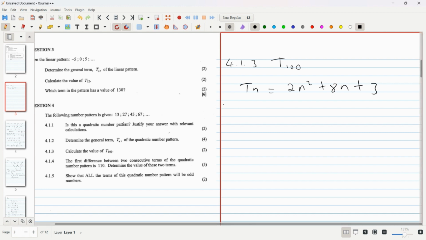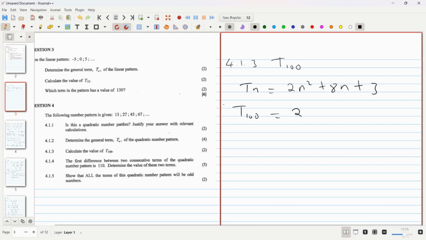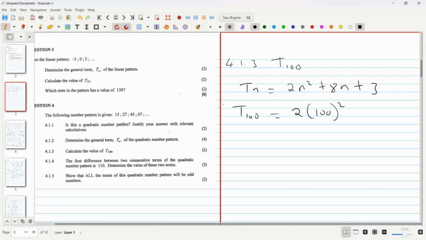So we need to find what the value of T100 is. We just substitute, in the place of n we put 100. So it will be 2 times 100 squared, plus 8 times 100, plus 3.